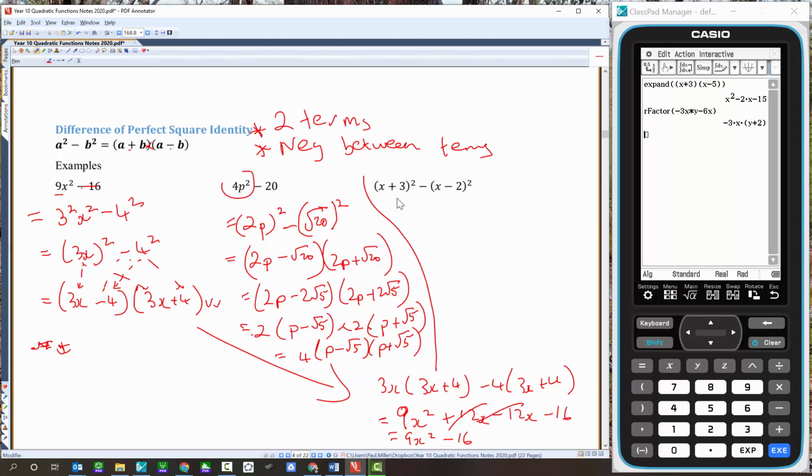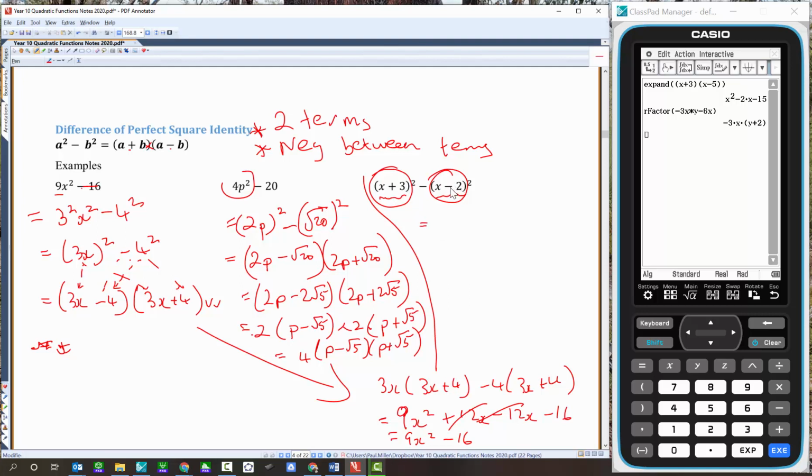All right, this one here. You might look at this and go, ooh, negative sign, but it's not two terms. Well, yeah, it is. This is considered one term, and this is considered one term. So it's just a binomial term. We're going to consider that one thing, a perfect square and a perfect square. It's already set up.